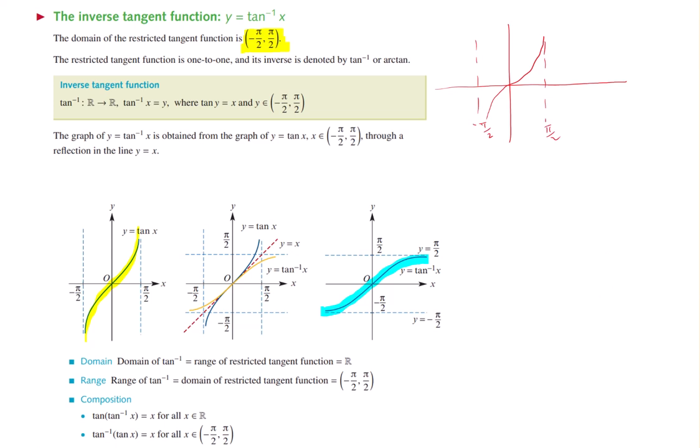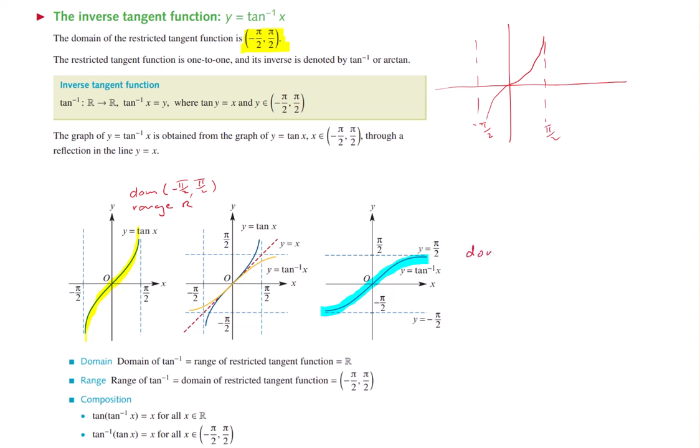Now again, look at the domain and range. The domain for the tan graph was round bracket minus pi on 2 to pi on 2, and the range was reals. So for the inverse graph, switch it round.